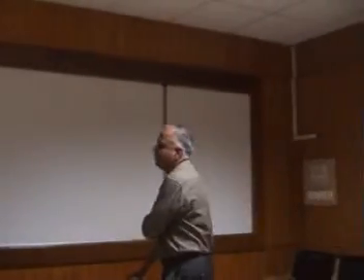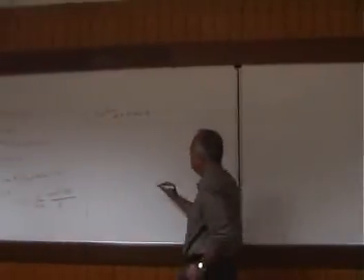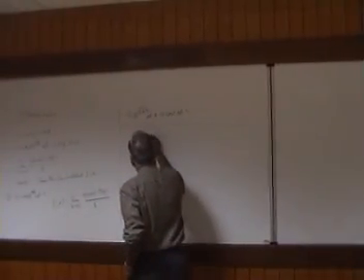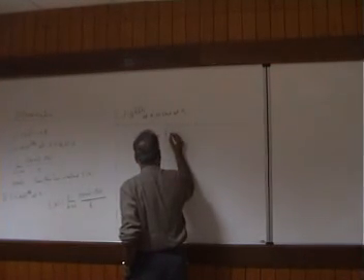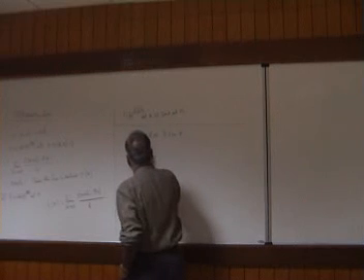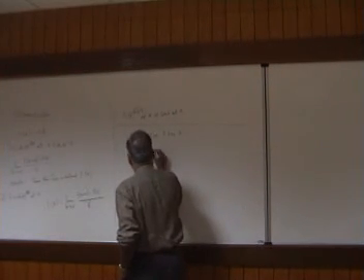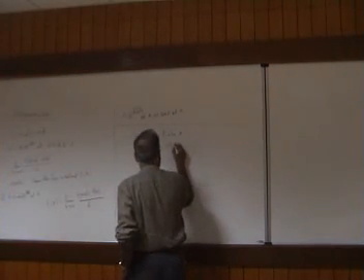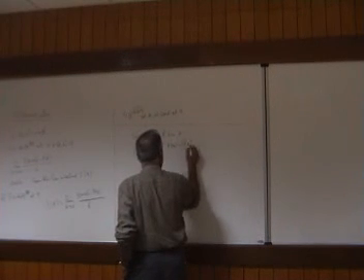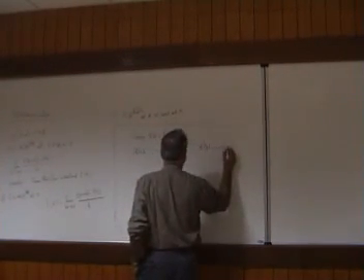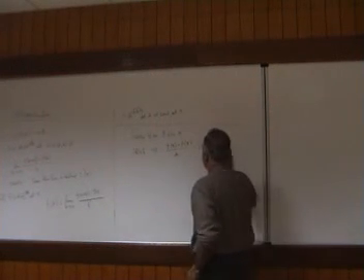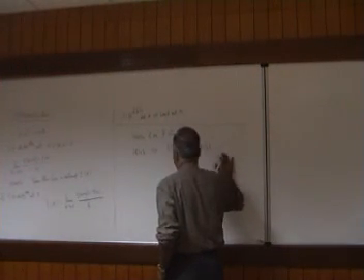So given epsilon positive, there exists a delta positive such that mod h less than delta implies (f(x plus h) minus f(x)) divided by h minus f prime x is less than epsilon.